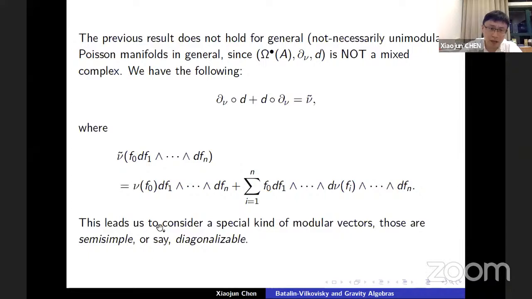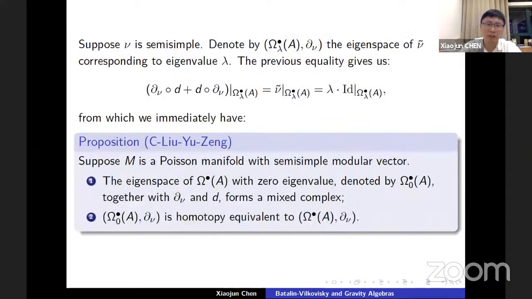So this leads us to consider a special kind of modular vectors, which are the semi-simple, or say diagonalizable, ones. This is also an important concept in Poisson geometry. Now suppose nu is semi-simple, which means diagonalizable.